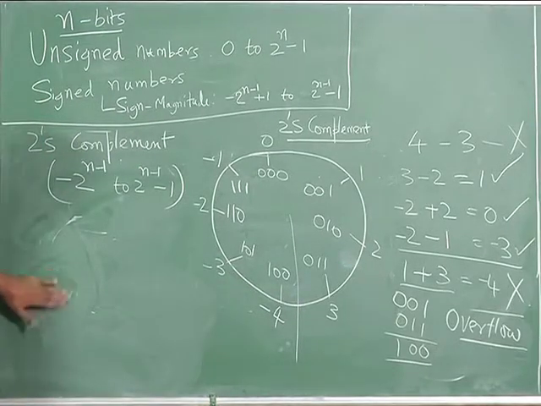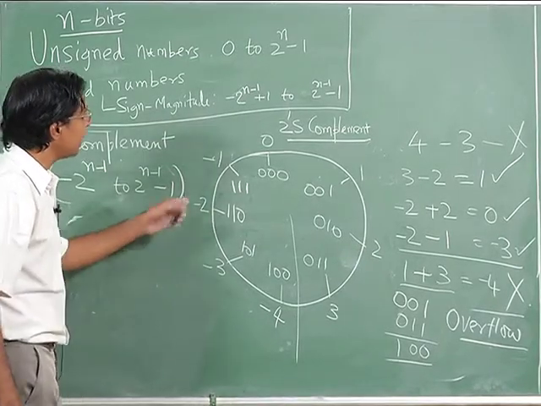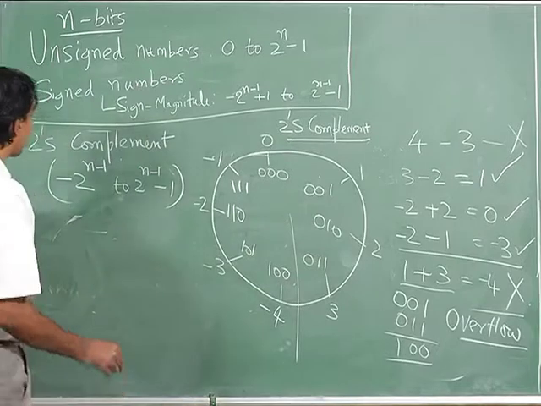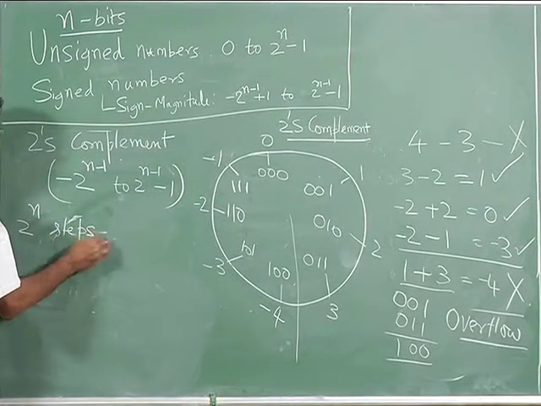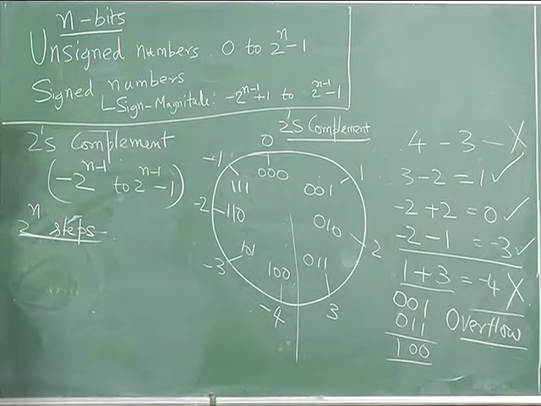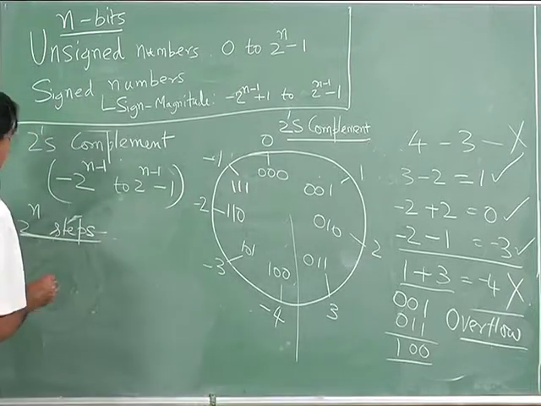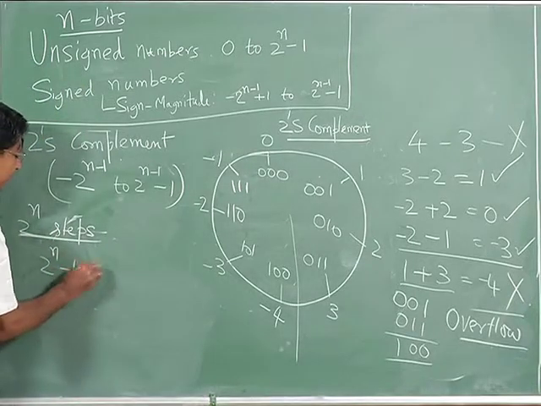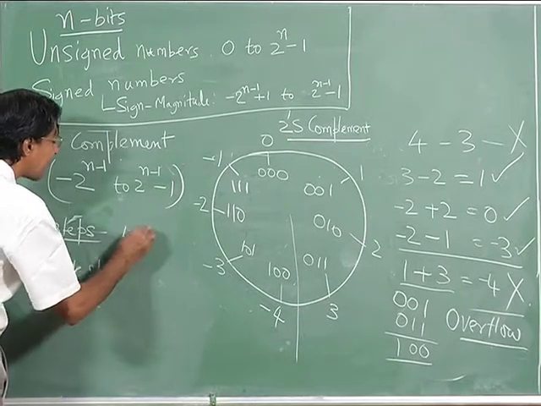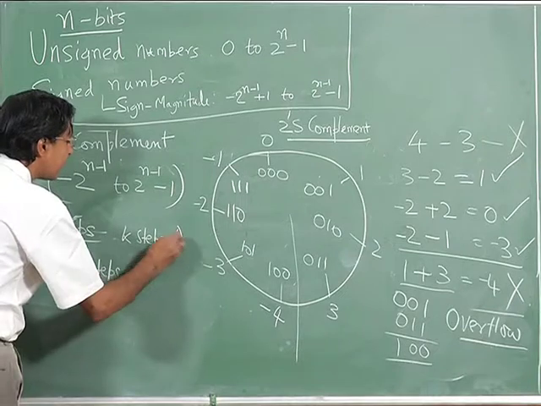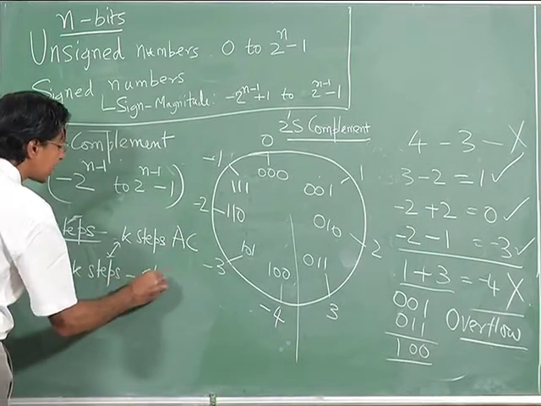Why is this called 2's complement? Please understand, the cycle has how many steps? 2 power n steps. And I said, instead of moving k steps anti-clockwise, I can move 2 power n minus k steps clockwise.